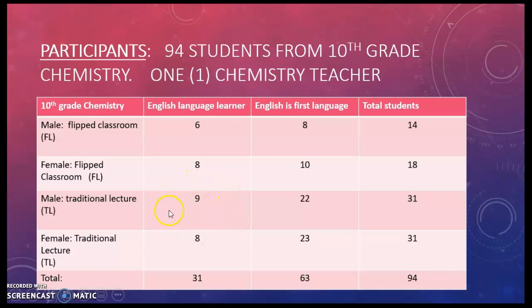And then the traditional lecturing is going to span 2 periods, period 1 and 3, and that's going to be 17 English language learners. So here are our 2 groups. I've got 14 English language learners in period 2, and in periods 1 and 3, I've got 17. So that's the breakdown.